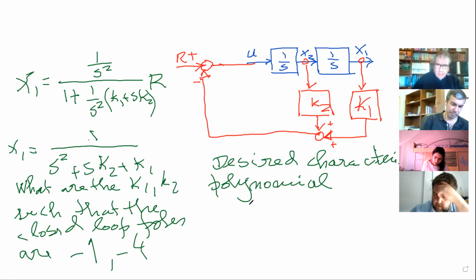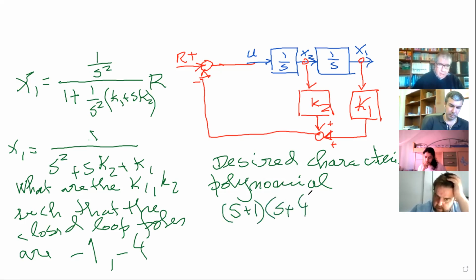So what could it be? In general, if you want a pole to be at beta, you get s minus beta, and this gives you a root at beta. So in this case, you have two terms, one at -1 and one at -4. So you have s minus -1 and s minus -4, right?